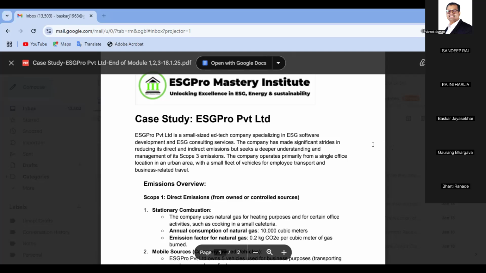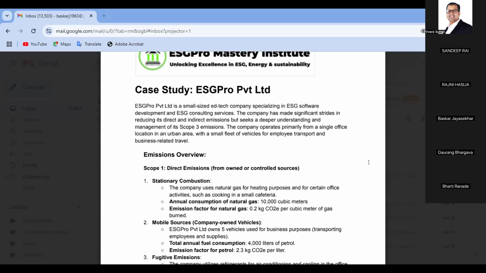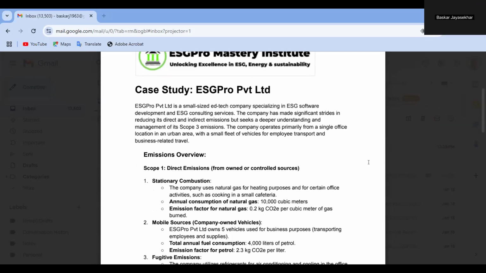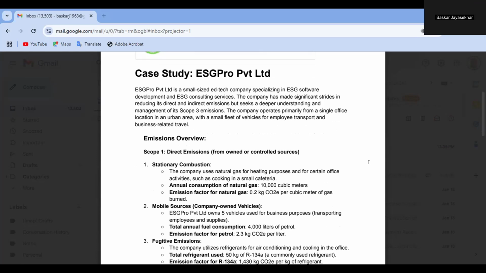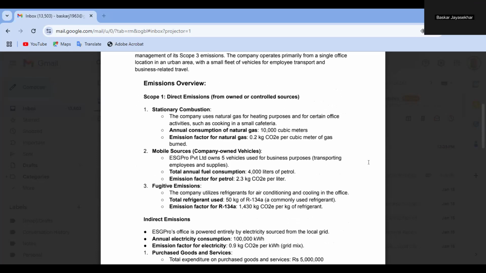Can you hear my voice? Yes, sir. The company has made significant strides in reducing its direct and indirect emissions, but seeks a deeper understanding and management of its Scope 3 emissions. The company operates primarily from a single office location in an urban area with a small fleet of vehicles for employees' transport and business-related travel.